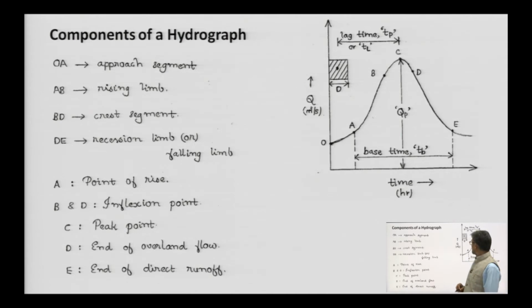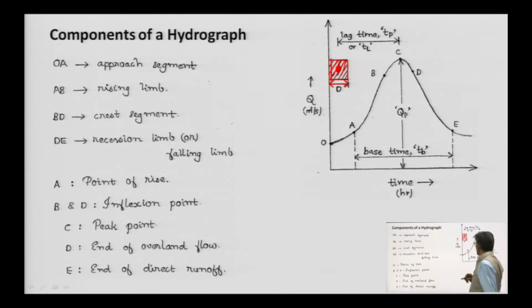The next thing is the components of a hydrograph. This is the storm, and let the duration be d, and say this is the CG of the storm.